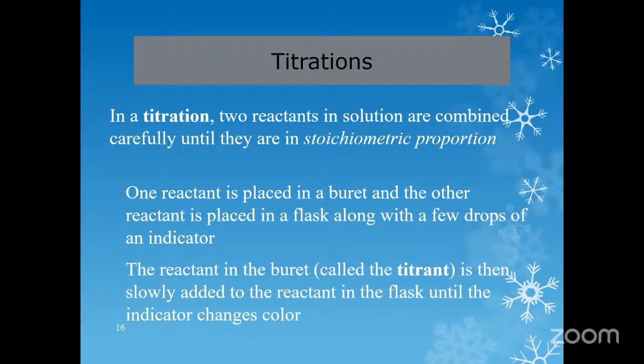And then that will continue until 1 drop turns the entire solution pink. That's when you stop adding your base, and then you take your readings, and then you can do some calculations based on that. So for those of you enrolled in my lab, you'll have experience in doing that, right?